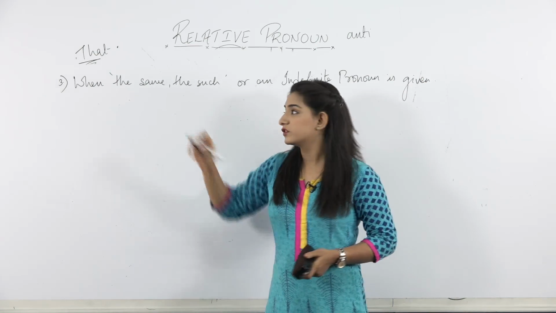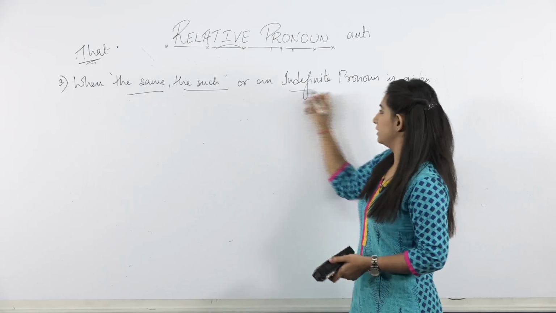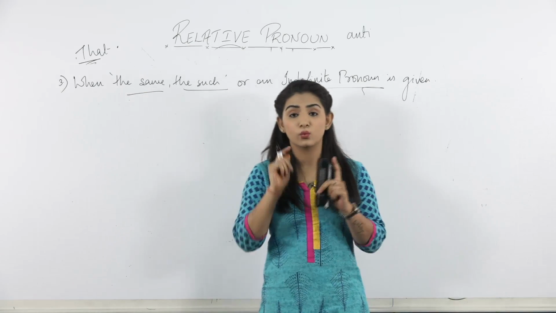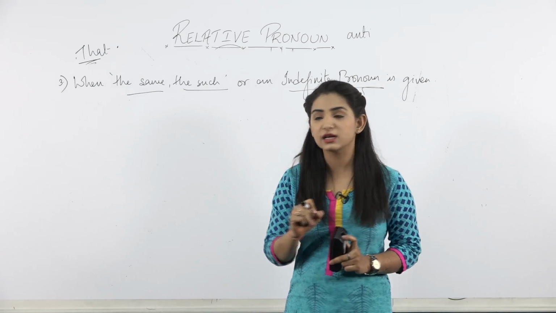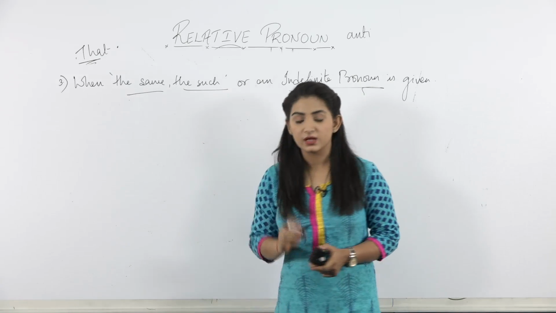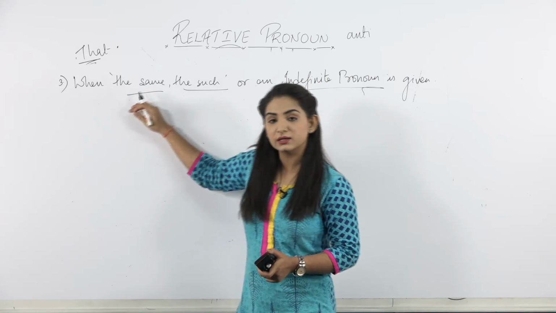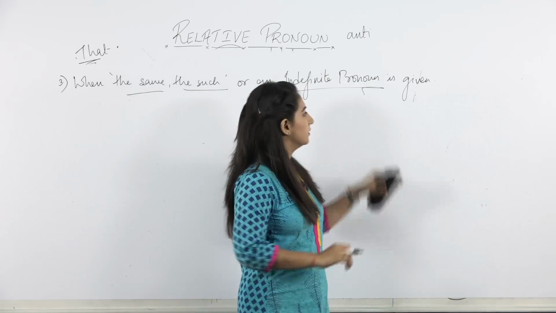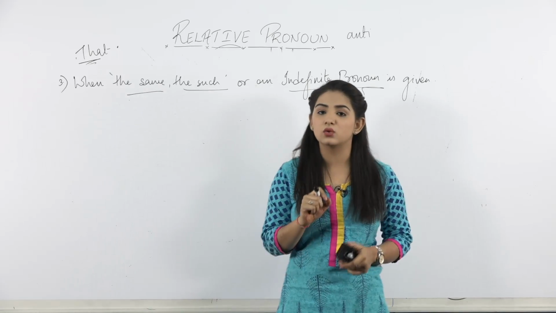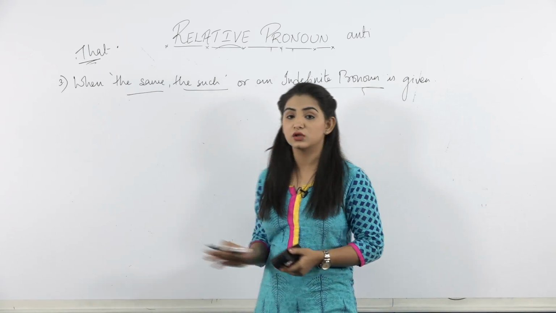If we have the same, the such or an indefinite pronoun given with the antecedent, in that condition we will use that. अगर हमारे पास सेंटेंस में antecedent के साथ the same word, the such word या फिर indefinite pronoun दिया हुआ है तो उस कंडीशन में हम that का यूज करेंगे.